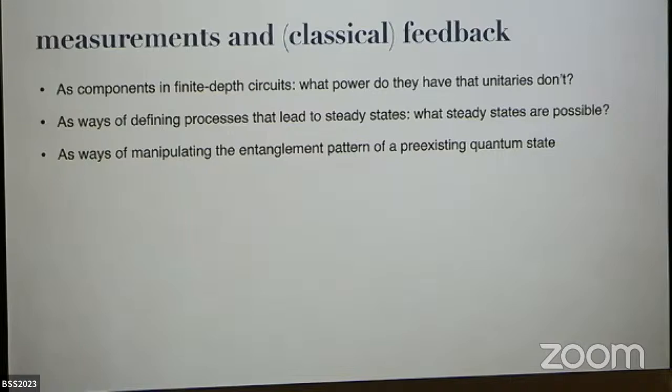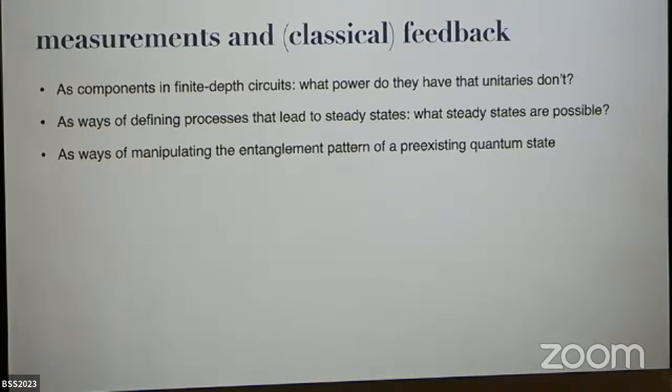And then a second question I'm not going to say very much about because it's not something I really understand in a global way, is what kinds of steady states are possible. If you define a process that you can iterate over and over again that goes somewhere, what are the places to which it can go? And that's a question that I think I can say a few things about if you have questions, but I have very little that's concrete to say about that.